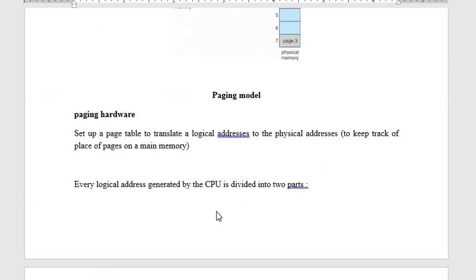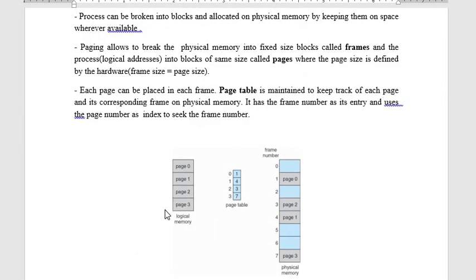Say I had 10 logical addresses that have to be divided into equal sized pages. I could divide them into 5 pages, each page having 2 logical addresses.